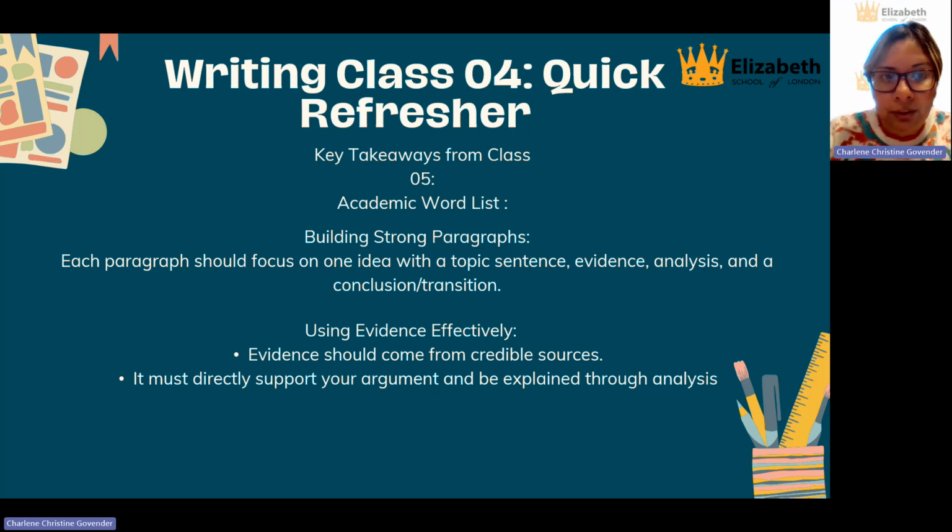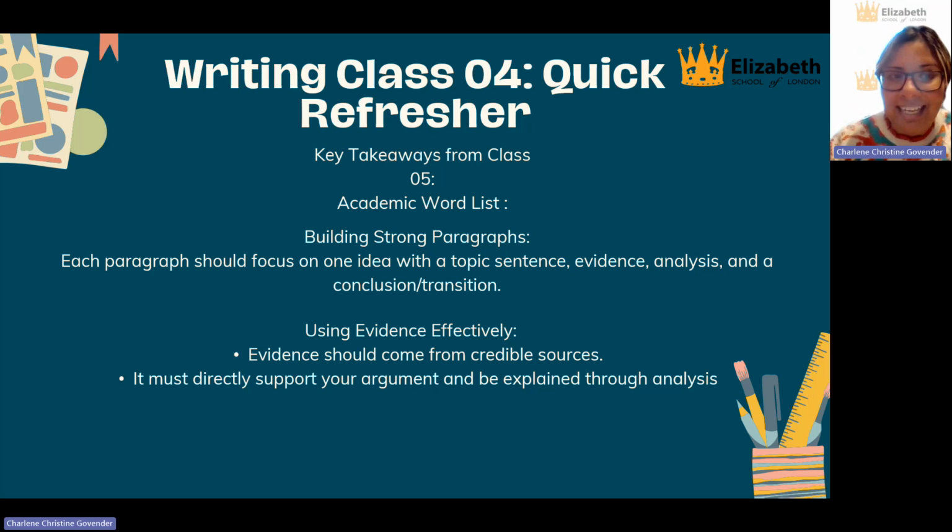And as we all know, evidence should come from credible sources, okay, peer-reviewed sources if necessary. Always start with your university's library to find reputable sources. And if you can't find your sources that are needed, then you can look elsewhere, such as Google Scholar, as long as it meets the criteria of being a credible source. Okay.